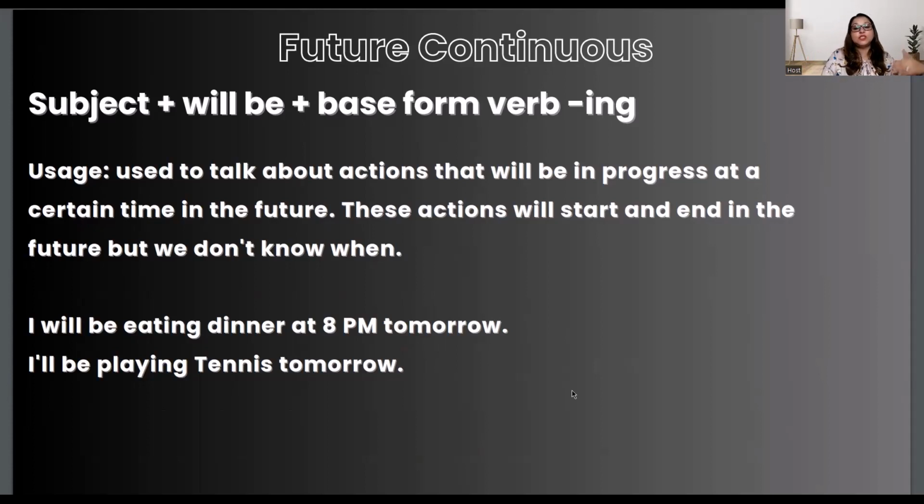These actions will start and end in the future, but we don't know when. I'll be eating dinner at 8 p.m. tomorrow. I'll be playing tennis tomorrow. So when you have a certain time or when you don't have a certain time, you can use future continuous. I'll be playing tennis at 6 p.m. tomorrow.